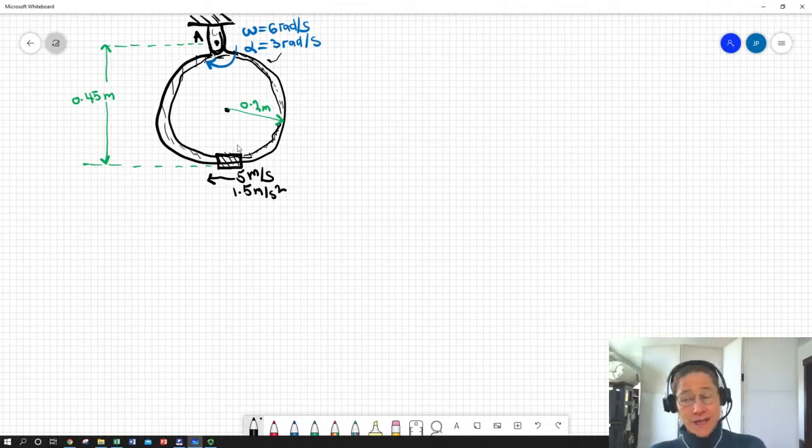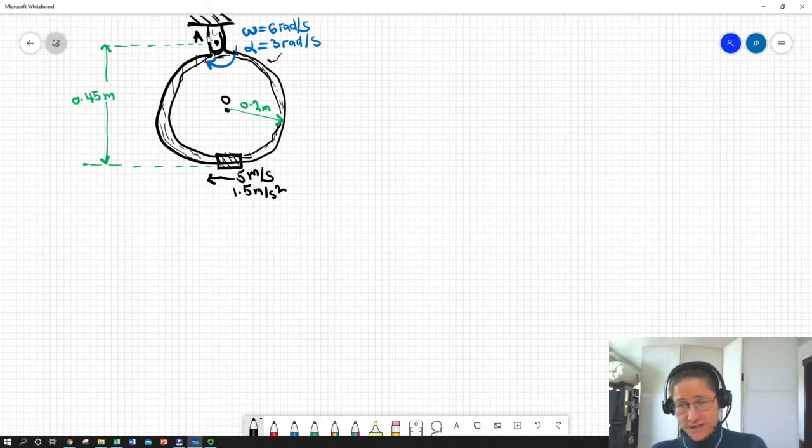At the same time, the center of the hoop is at O, and we've got a little collar that's hollow. So this is like a little tube, and it's sliding along the hoop. It's moving at this point to the left.